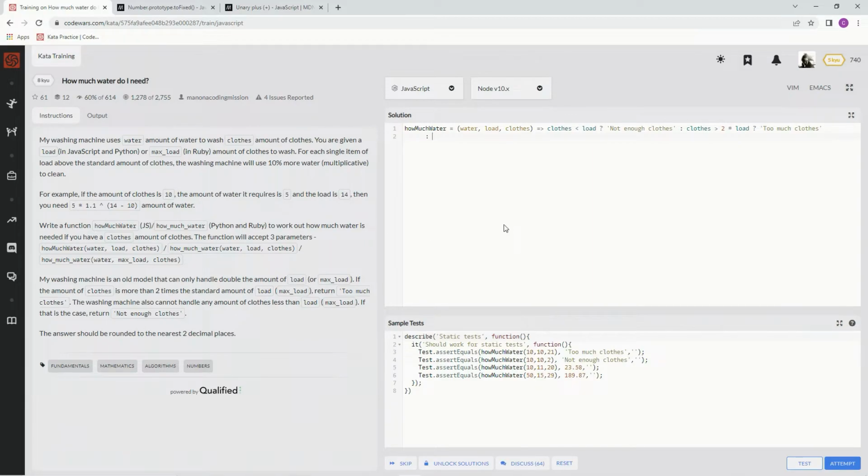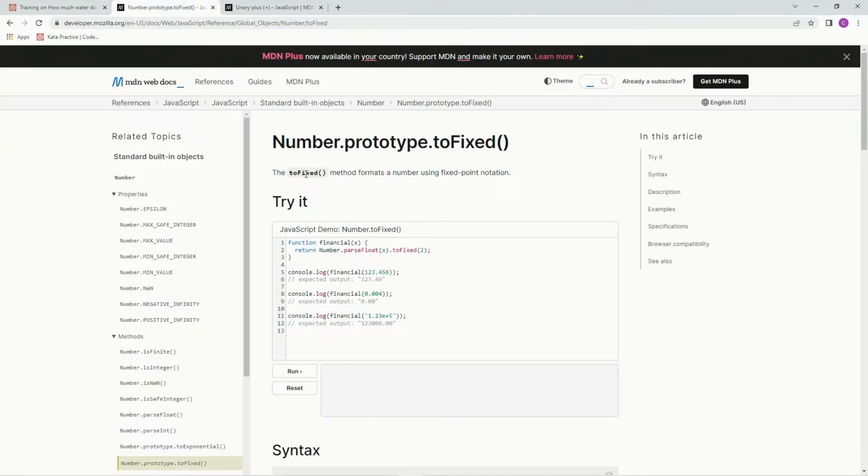So we're going to say water times 1.1 to the clothes minus load power. And then we're going to have to wrap it up, because we have to get 2 decimal places. We're going to have to wrap it up in a toFixed method. The toFixed method formats a number using fixed point notation.